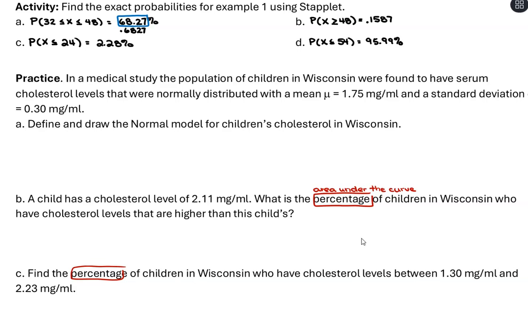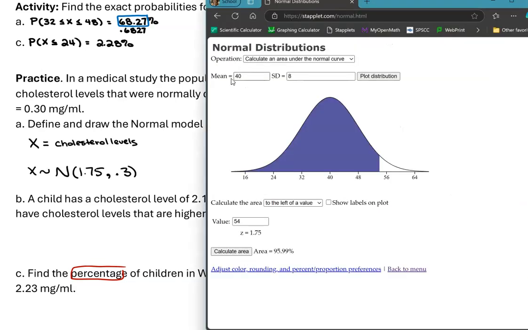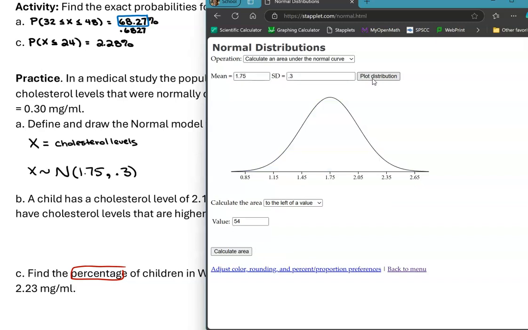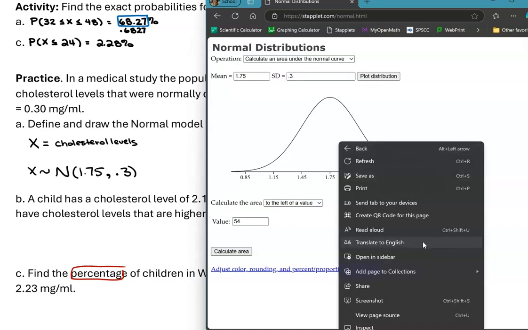Okay, so our model, if we have a random variable x, so x is representing cholesterol levels. And then x is defined by a normal curve with a mean of 1.75 and a standard deviation of 0.3. And with that, you can draw a picture, or if you want to copy and paste from Stapplet directly, that works great. There's our distribution.